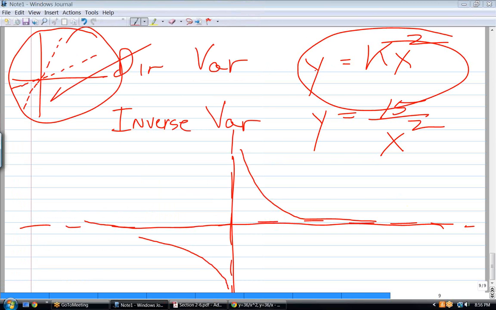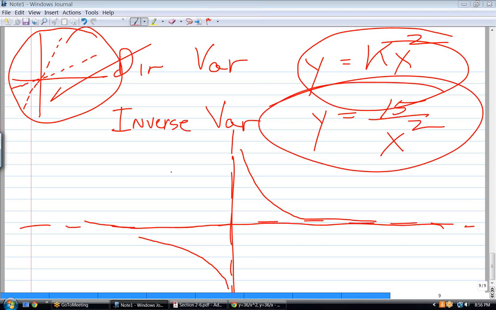Whether or not you can still have direct variation with a nonlinear variable, just like you can have inverse variation. Remember last week I told you that the force of gravity between two planets varies inversely with the distance between the planets, squared. It actually varies inversely with the square of the distance between the planets.